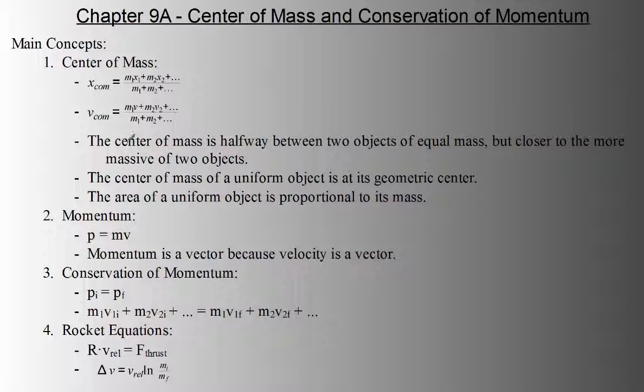Other things to think about for the center of mass: the center of mass is halfway between two objects of equal mass. You could probably realize this intuitively, but if you want to test it out, take a meter stick, and your finger should be able to balance the meter stick when you place your finger at 50 centimeters.